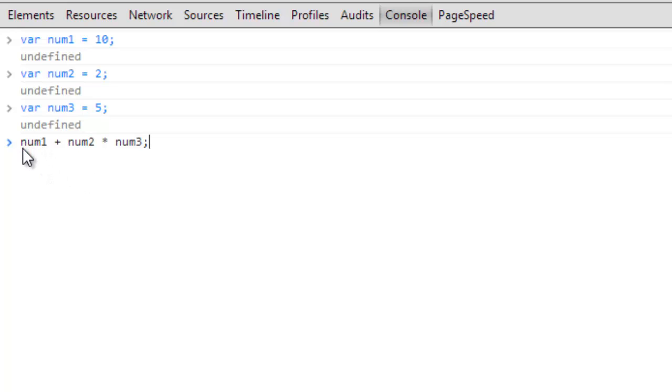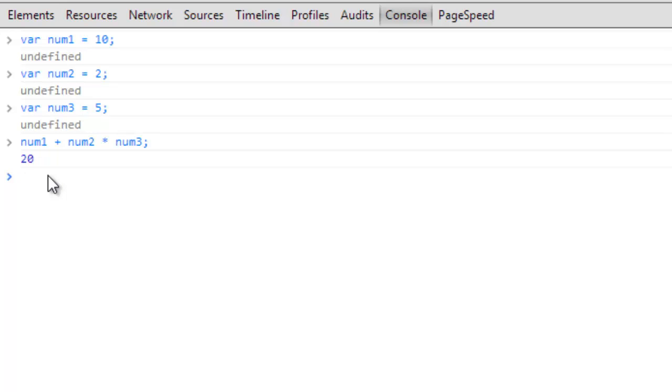So what you're going to see here is you have num1, which equals 10, num2, which equals 2, and num3, which equals 5. A lot of people are under the wrong assumption that you just read these from left to right. So you would do 10 plus 2 would equal 12 times 5, which equals 60. But we're going to run this, and you're going to see the answer is 20. And that may surprise you if math wasn't really your thing.